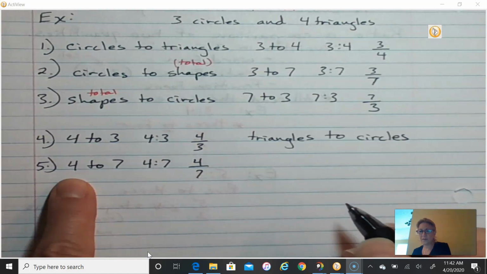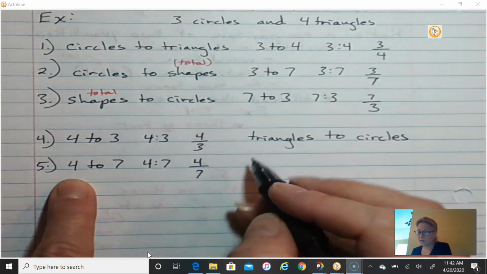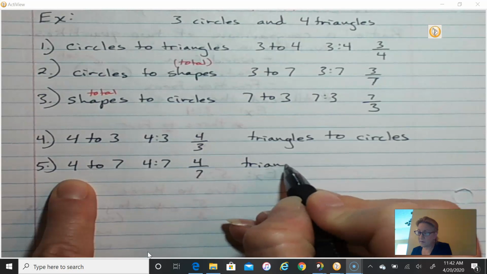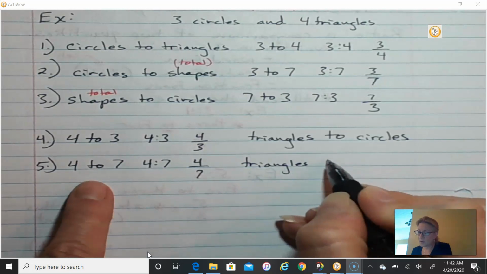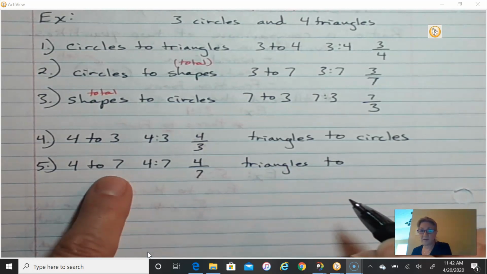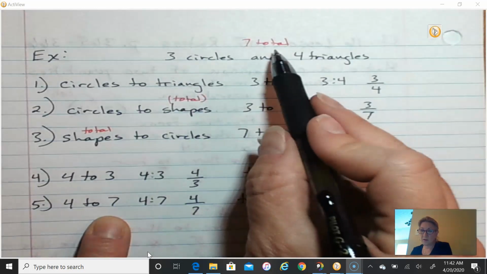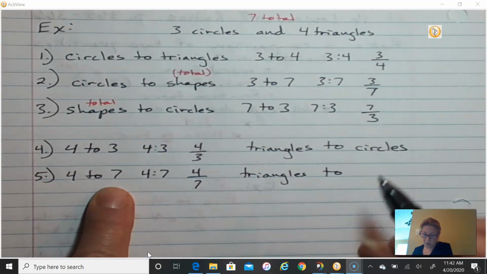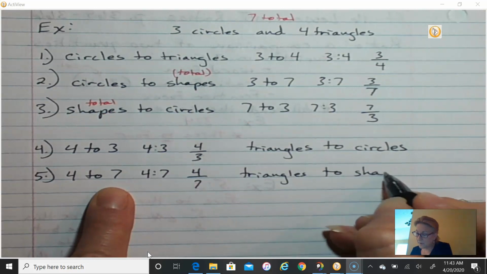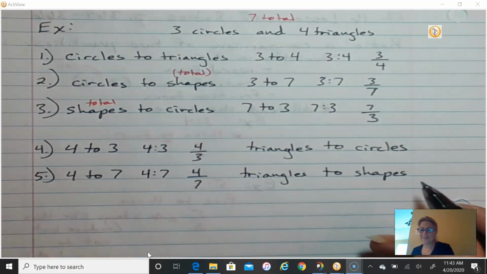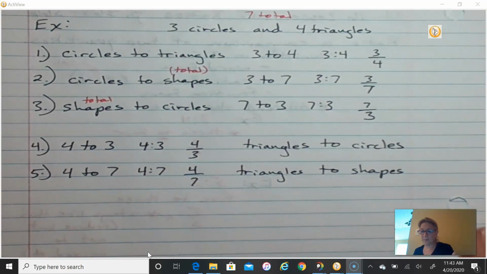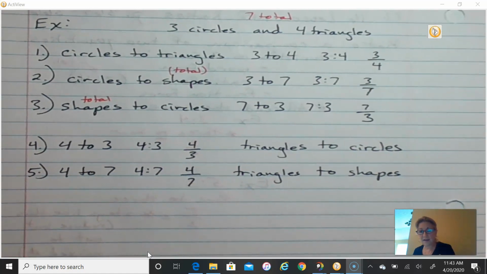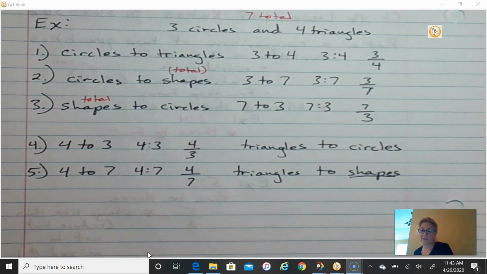What's our 4 again? That's our triangles. So it's triangles to, what's our 7? Total. Now, they're wanting you to write shapes, but, you know, like before, total pets, total shapes, they want you to describe. Don't just say total, because I'm only like, total of what, you know? So you need to put shapes, okay?